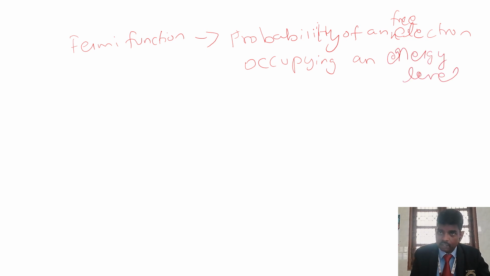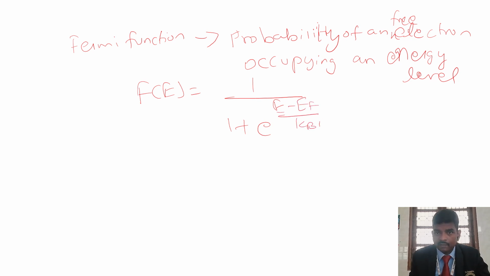This is also an application. So you should know what f(E) is. f(E) is equal to 1 divided by 1 plus e to the power (E minus EF) divided by kBT. This expression you should remember.